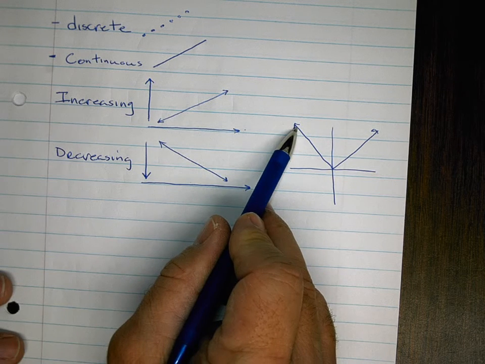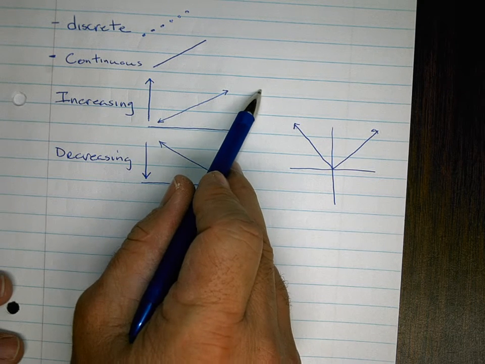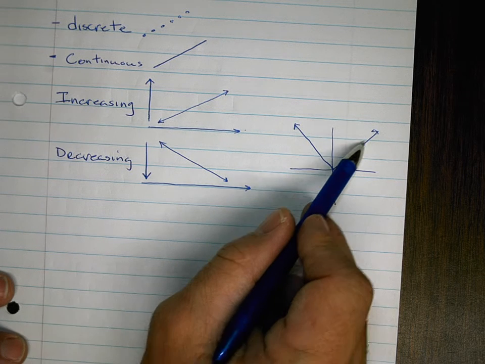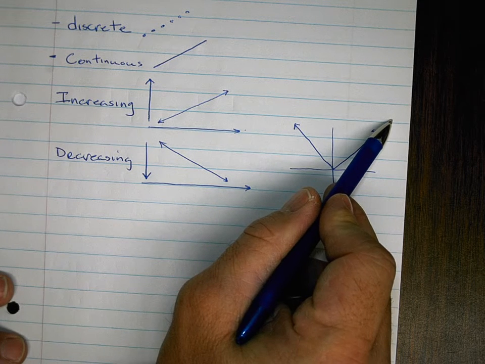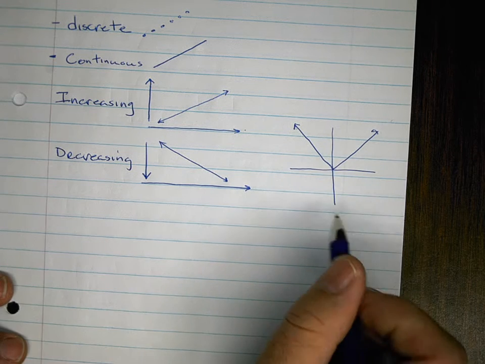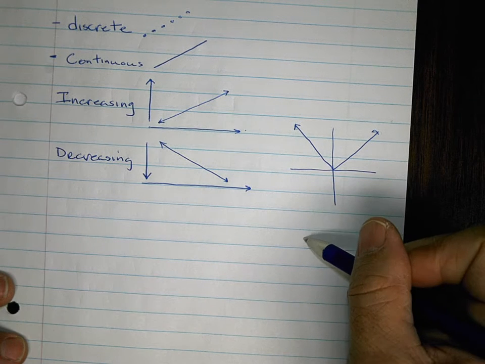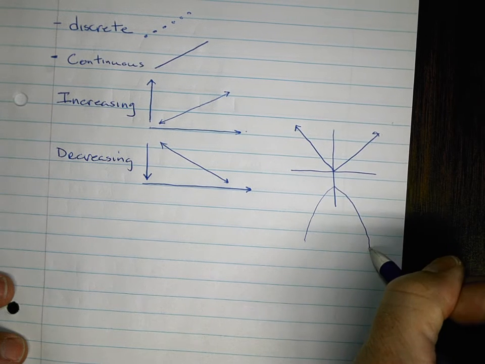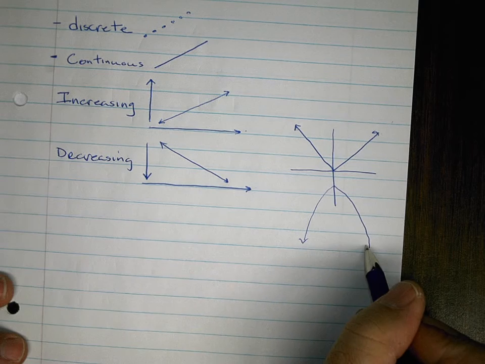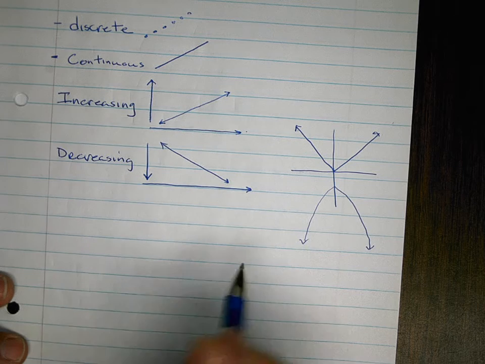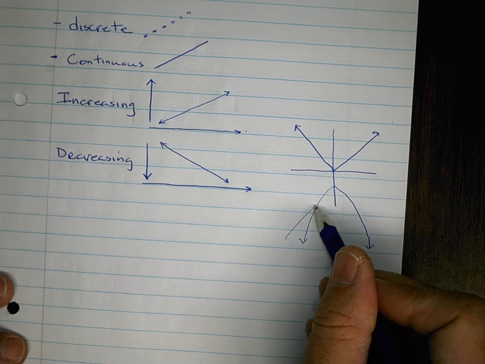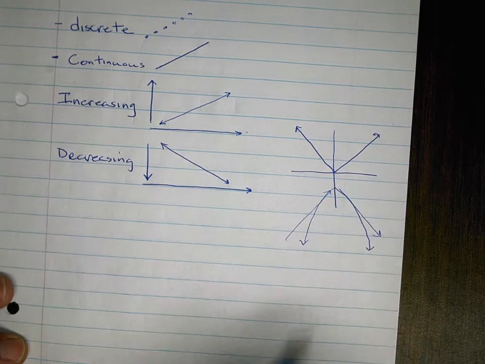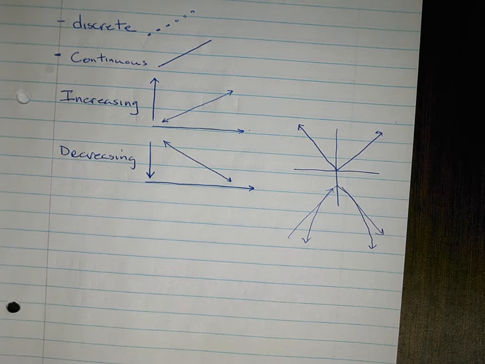This one is decreasing in quadrant 2, but increasing in quadrant 1, isn't it? So sometimes graphs can do both. Think about a parabola for a quadratic equation. In this case, we have an upside down parabola, and it's actually increasing in quadrant 3, but decreasing in quadrant 4, isn't it? Okay, so graphs can do both.